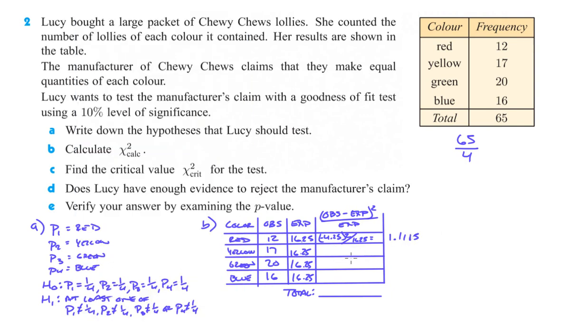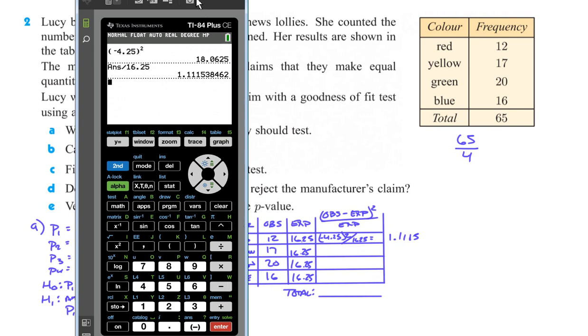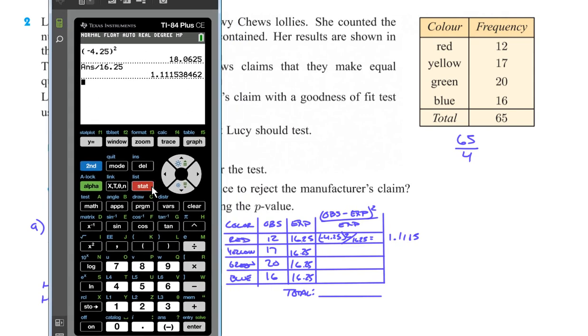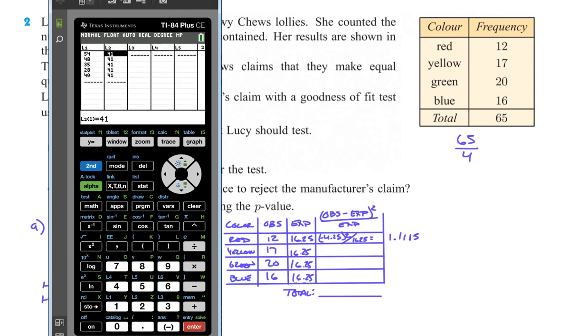And again, we can do that for all of these here, or we can simply go into stats, edit, and then just put these 2 columns of data in there. This is from the last assignment, so we'll clear those out.